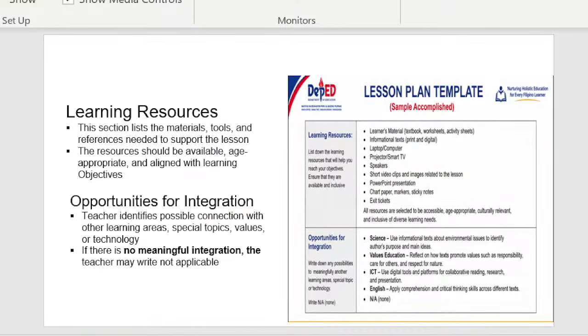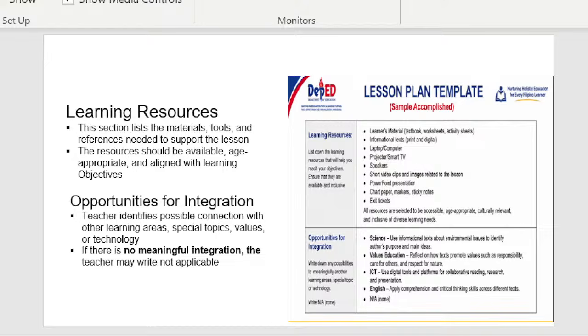Of course, we have also the part of the ILAW which is the learning resources. You list, enumerate the materials, the tools, the references that support the lesson. The resources should be available, age appropriate, and aligned with the learning objectives.